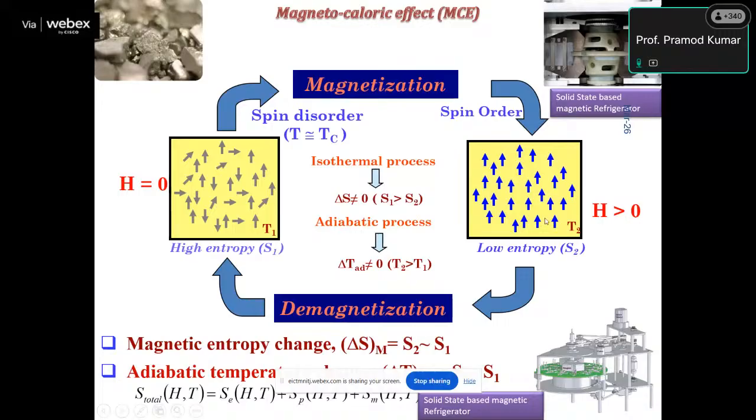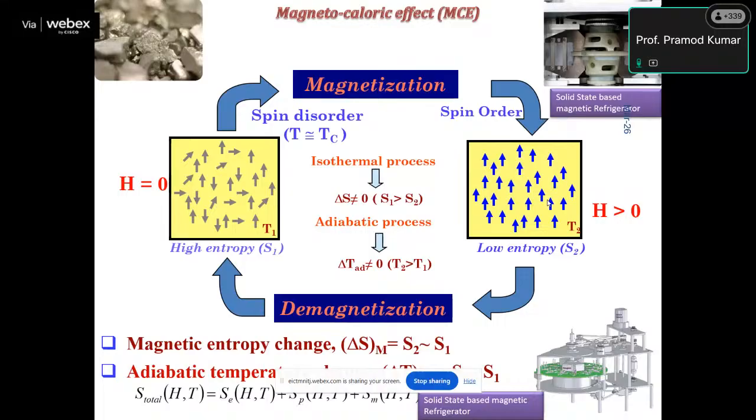Suppose you have some magnetic material in a closed environment where heat is neither coming out nor coming to the sample.